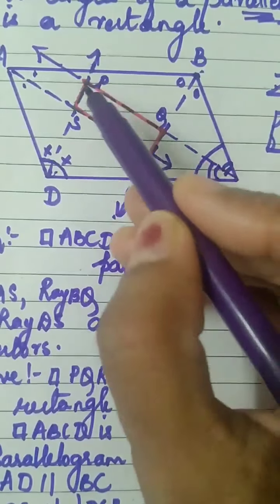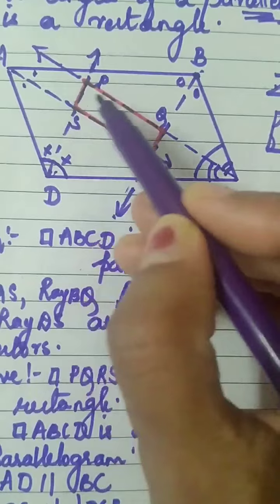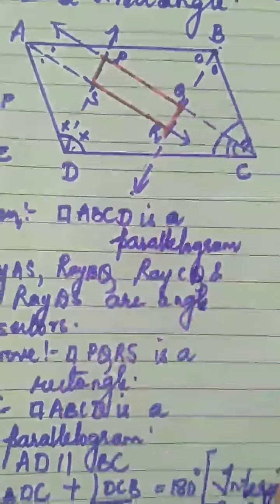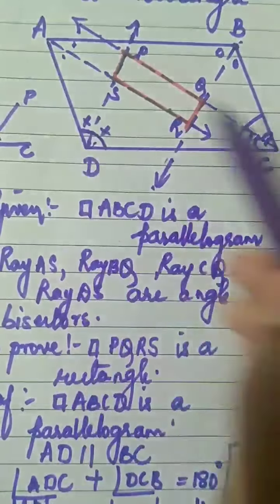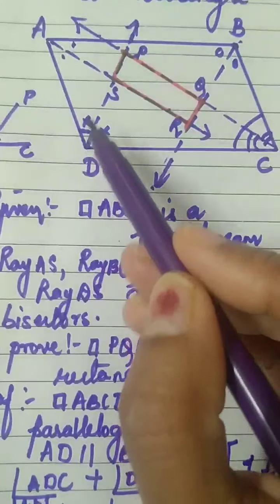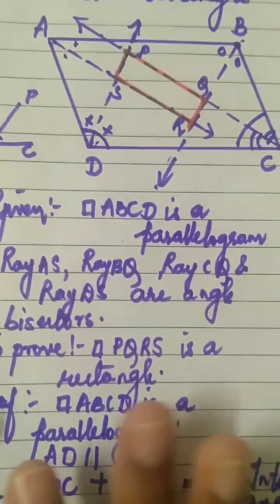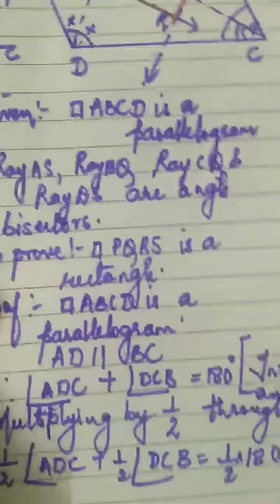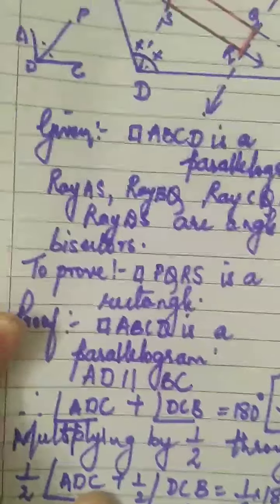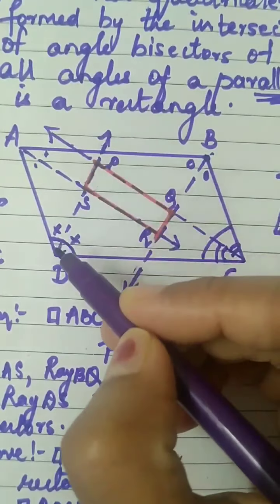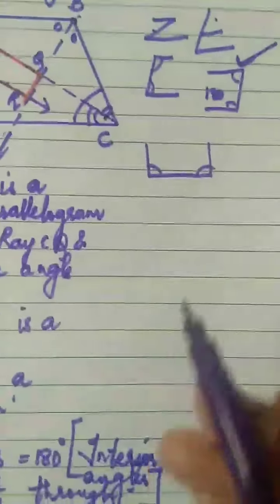Start from P because we are interested in angle P. PDC and PCD. Why are you taking half of ADC as PDC? Because DP is the angle bisector. Okay, calmly think and write. So after this step, I'll write half of ADC is nothing but PDC.